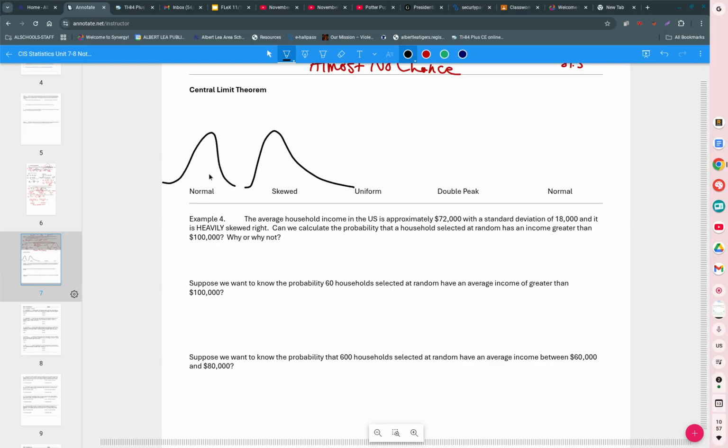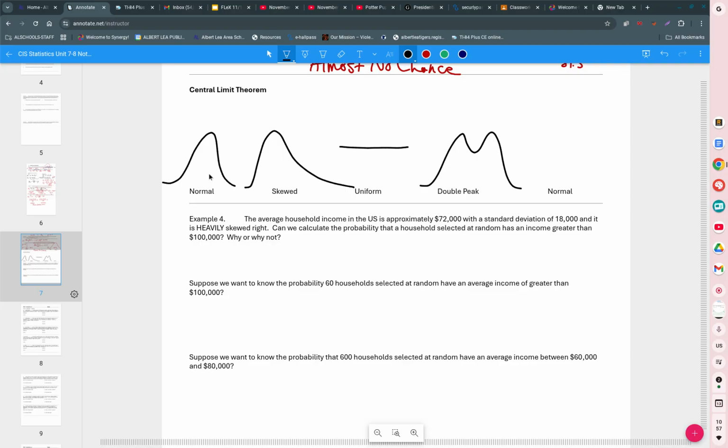That's going to be next week. You can actually have a uniform distribution where all things are equally likely. You could have something that makes a bimodal distribution or having a double peak. For example, suppose we were to look at the heights of men and women in this class. Without a doubt, we would get a peak for the women's height and a peak for the men's height.